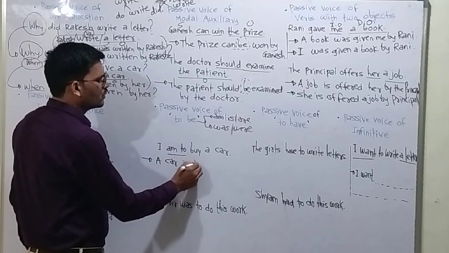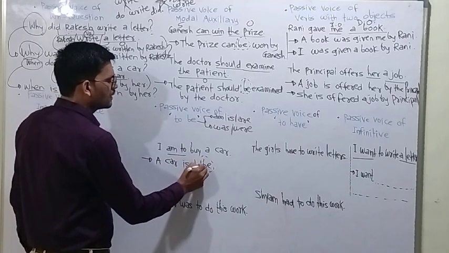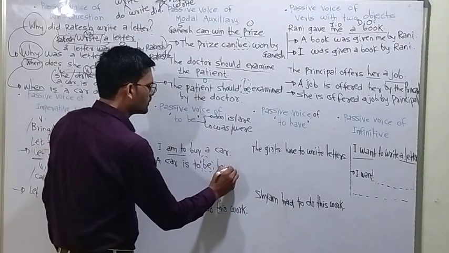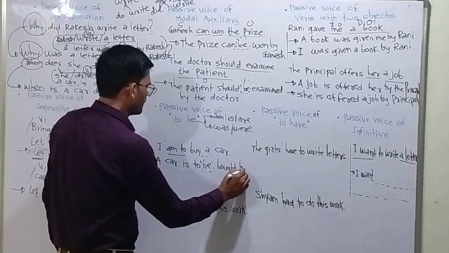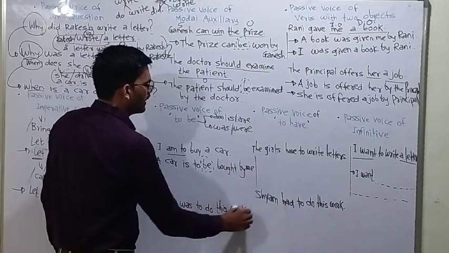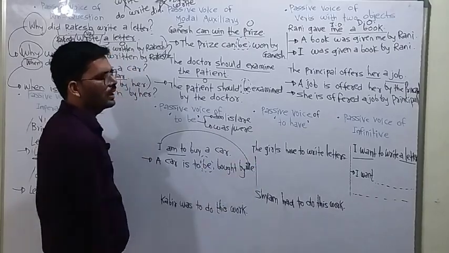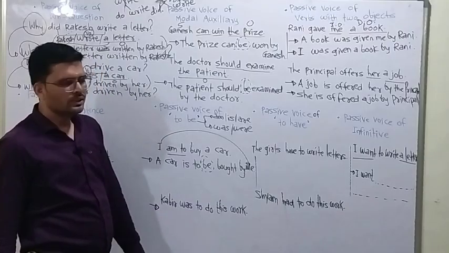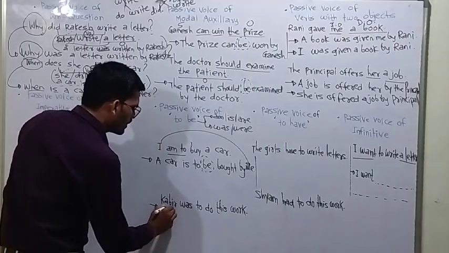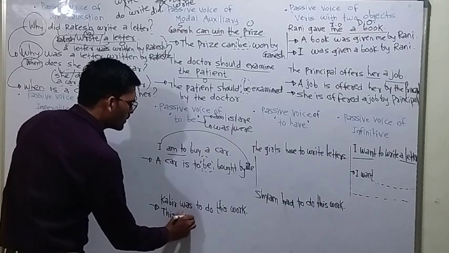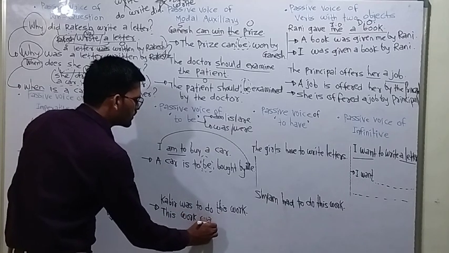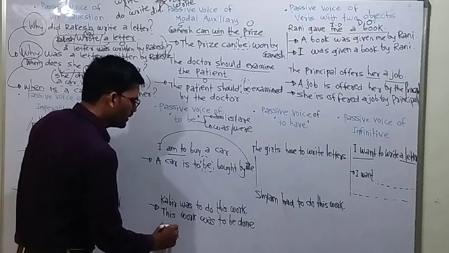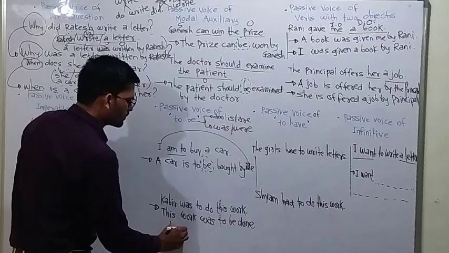A car is to be bought by me. I is converted into me in this way, that is the objective case. Then next, Kabir was to do this work. This work was to be done by Kabir.